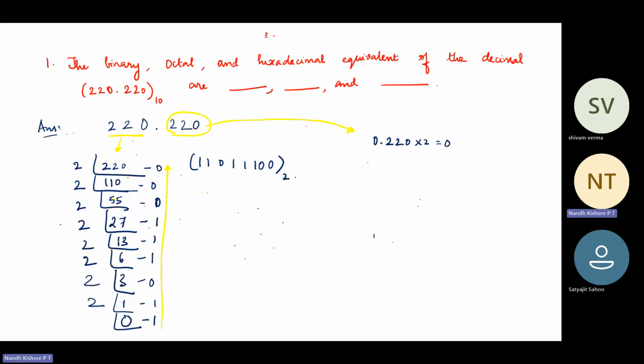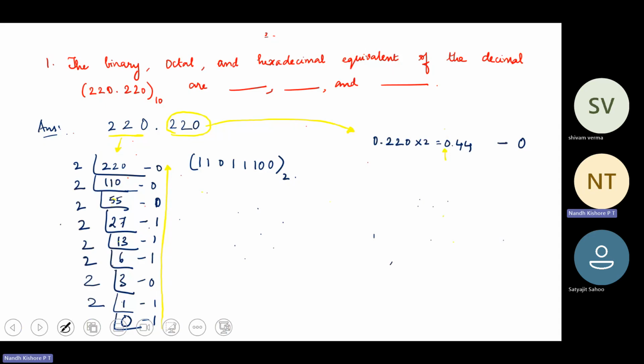You get 0.44. You look at the units place. It is 0, which means the corresponding binary digit is going to be 0.